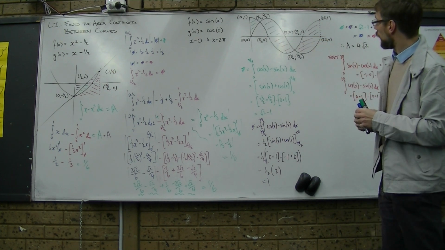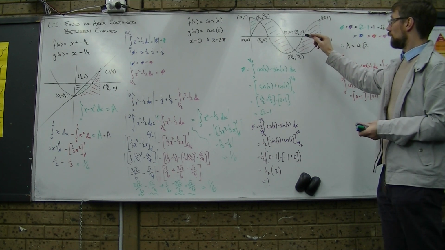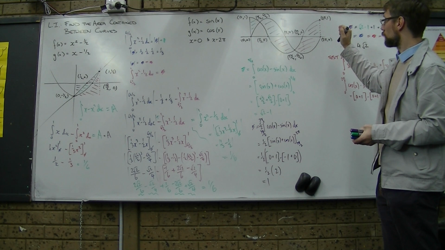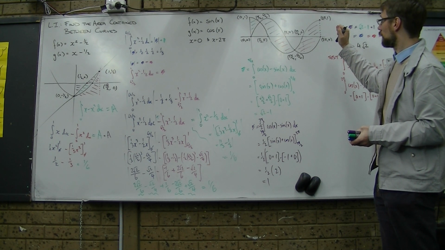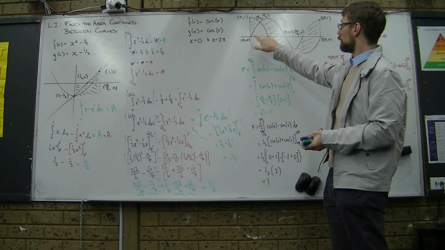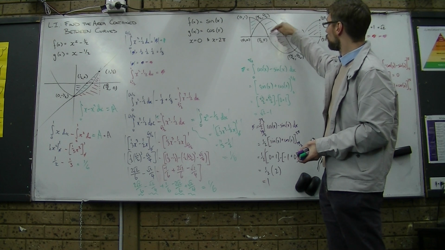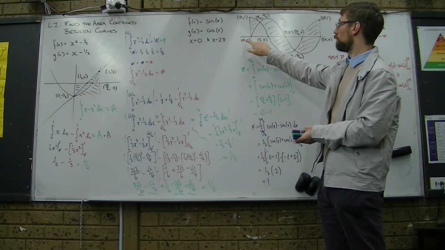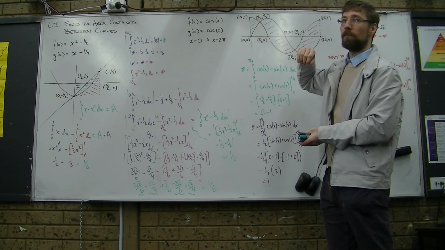Alternatively, no, even shorter. The integral of, which do I want? This. You can go the integral from 0, because using zeros is always handy, to pi on 4, of the difference, which gives you green.